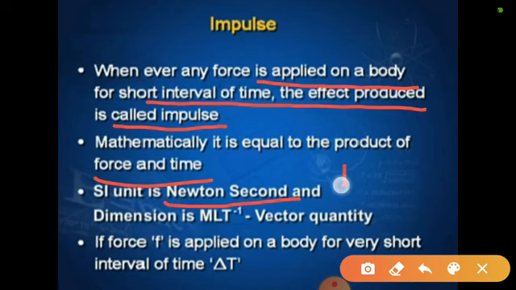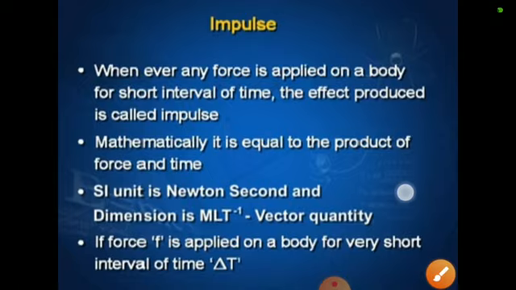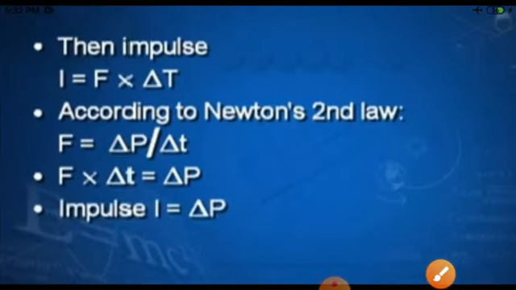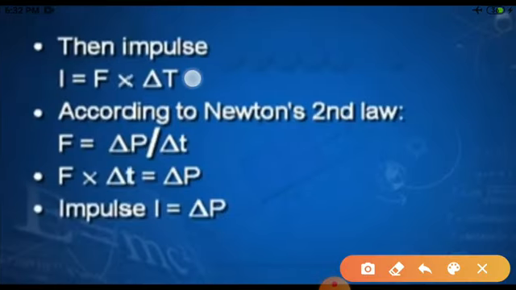This impulse is equal to the change in momentum. You have the relation from here. I is equal to F into dt, F is equal to dp by dt. Put the value here and you have impulse is equal to change in momentum.